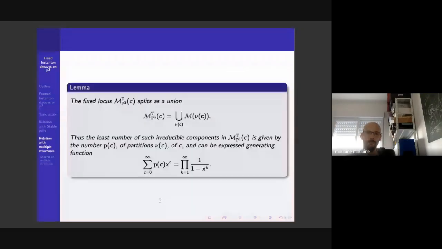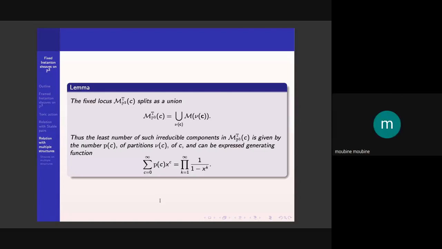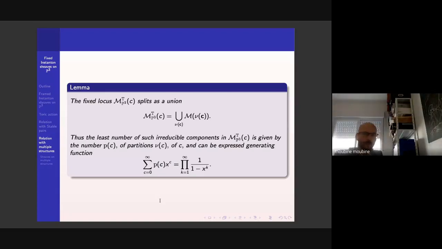Okay, and for us, this means that one can view the invariant locus with respect to the toric action on P3 in the moduli space of framed instanton sheaves as a union indexed by the partitions of this generating function.